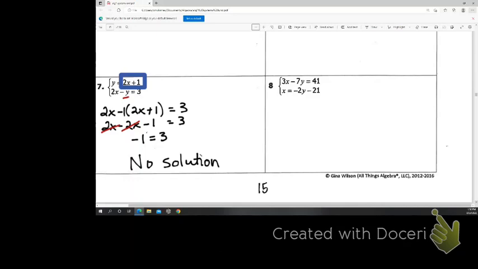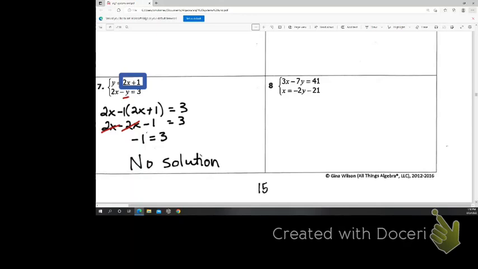Because if we would have put those two in slope-intercept form, we would also see their slopes are the same. And if their slopes are the same, they're parallel, if their slopes are the same and their b's are different.